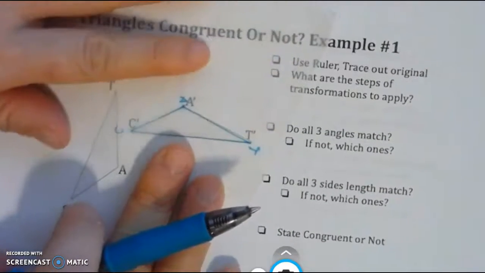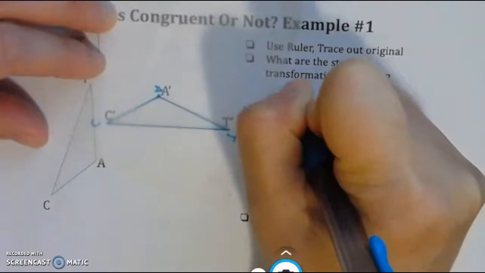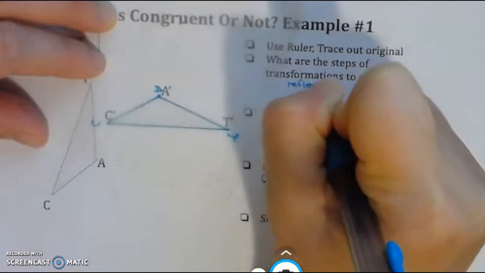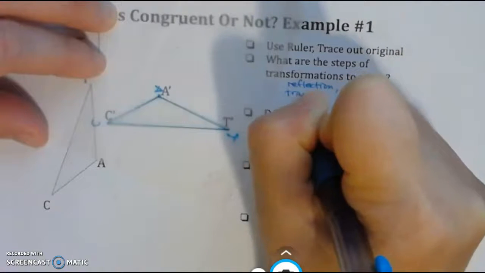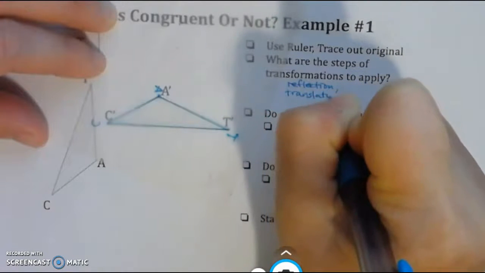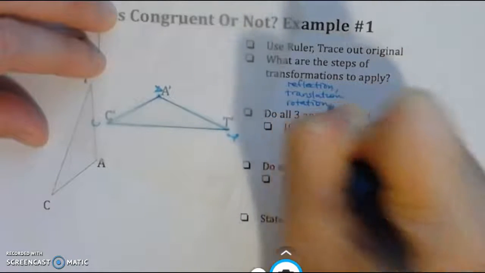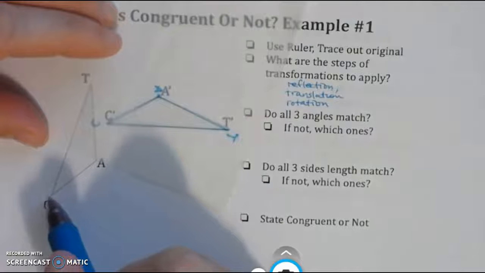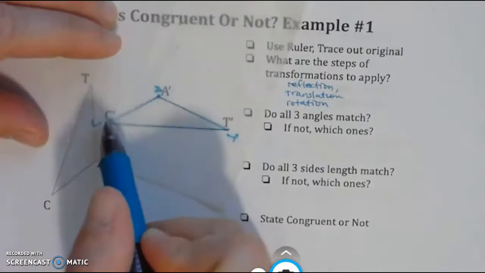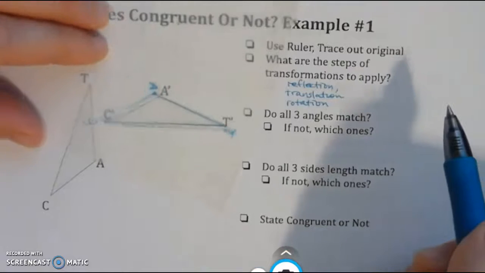So I used reflection, then translation, then finally rotation to map triangle CAT to triangle C prime, A prime, T prime. And it is an exact match.